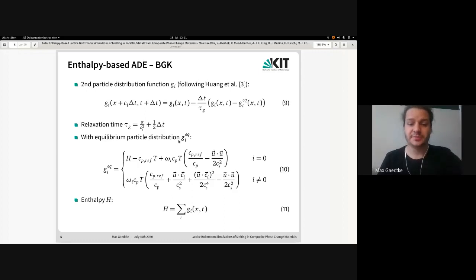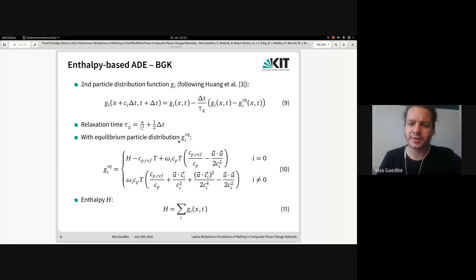To get this special behavior of the enthalpy equation into the lattice Boltzmann algorithm, the group of Huang et al. proposed to change the equilibrium to equation 10, and this is what we did as well.